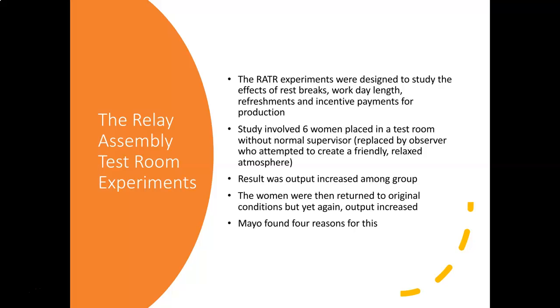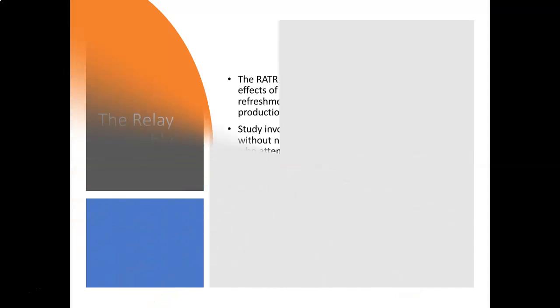The result was that output increased among the group. The women were then returned to original conditions, but output increased once again. Then Mayo found 4 reasons for this. I'll stop right here after this slide, and then I'll continue with the next slide in the next video.